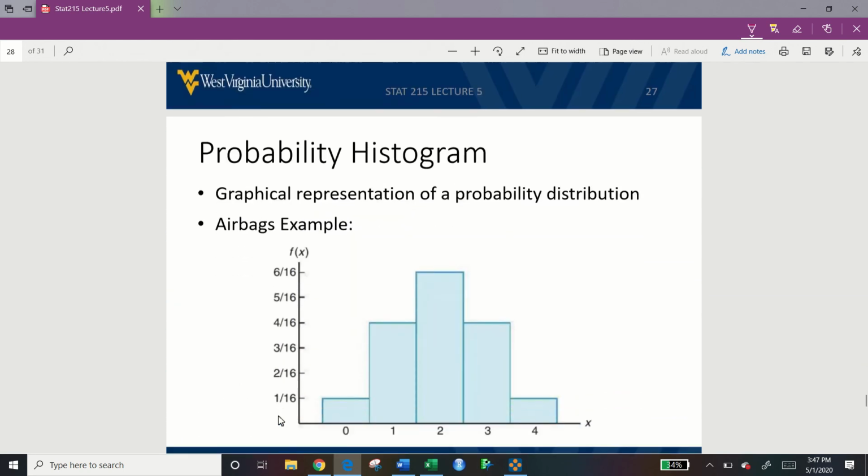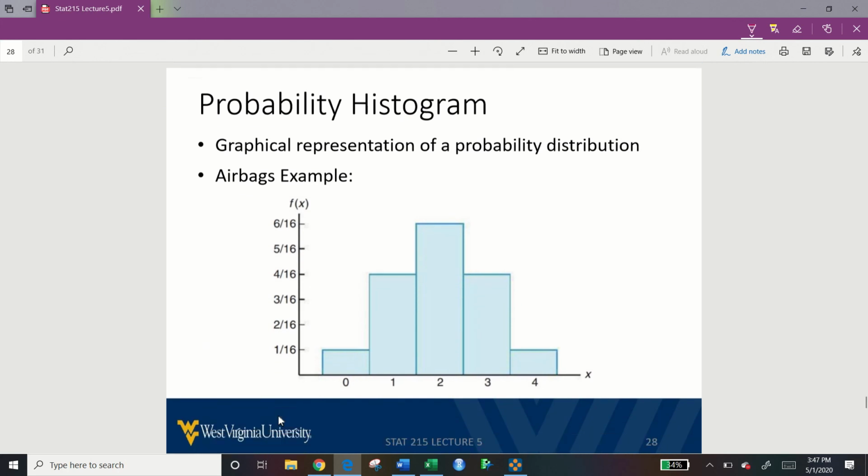Creating a probability histogram. So a graphical representation of a probability distribution, we can use our histogram. If we take a look at our airbags example, there was 1/16 probability for there being 0 and 4 cars.